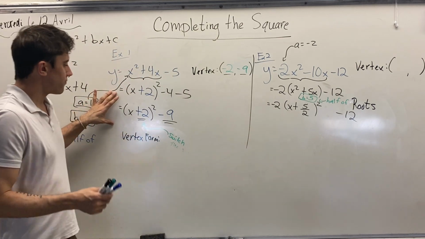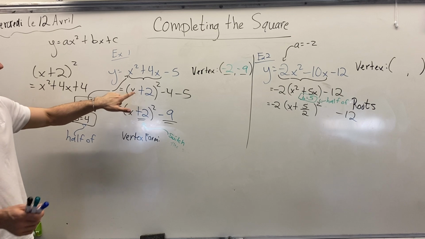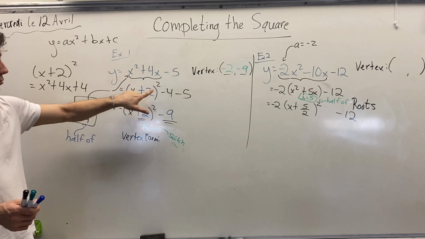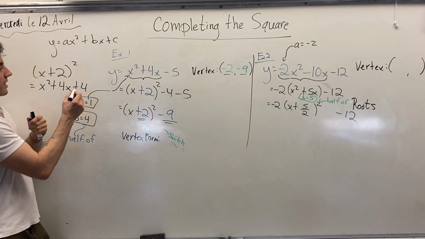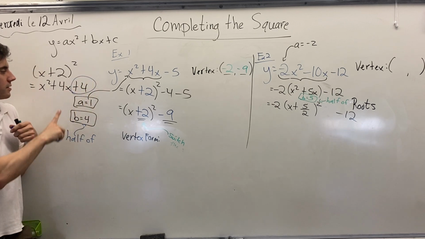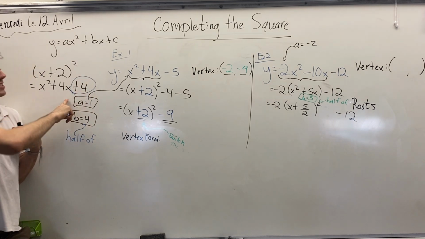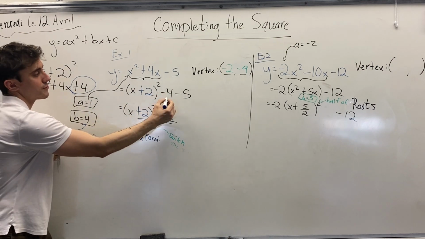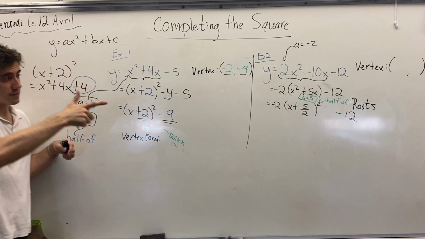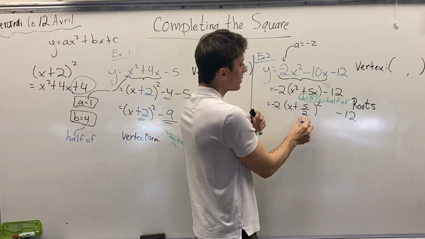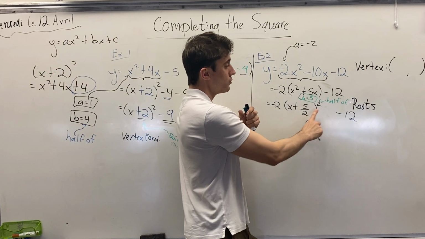In our first example, when we changed from x squared plus 4x to x plus 2 all squared, expanding it over here showed us that we gained a plus 4 from it. And so to balance that out, we subtracted 4 over here, okay? Now we have to do something similar in this case, but now we're not only going to get a 5 over 2 squared, right?